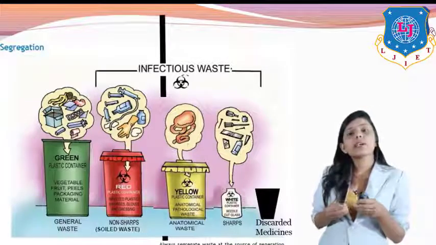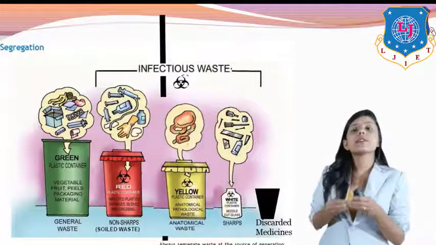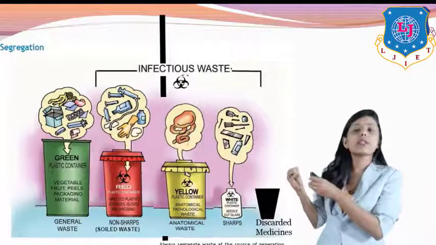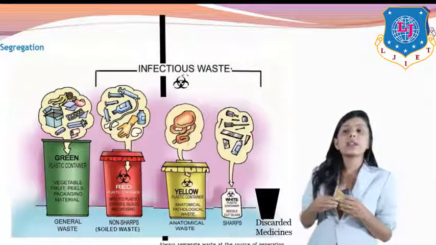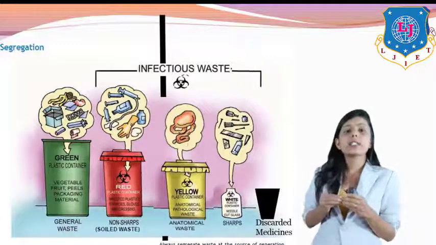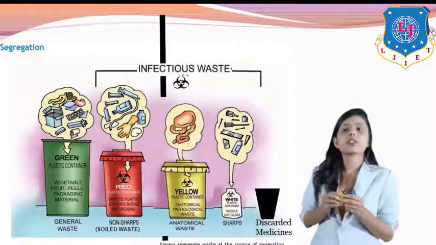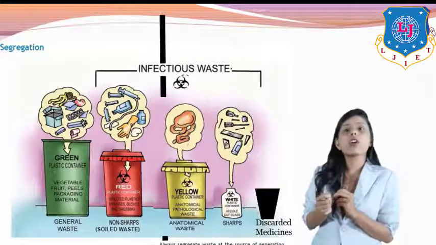So if someone is eating fruits in that hospital, the waste related to that is thrown in the green dustbin. What is thrown in the red dustbin? Non-sharp soiled waste. For example, some waste is infectious but non-sharp, so it cannot cause a puncture or cut.